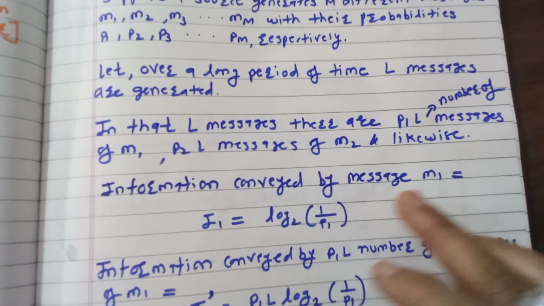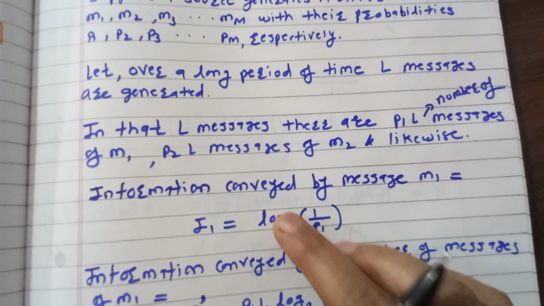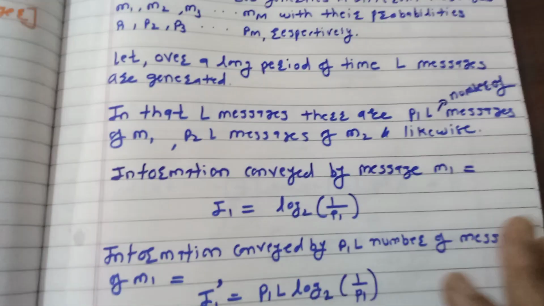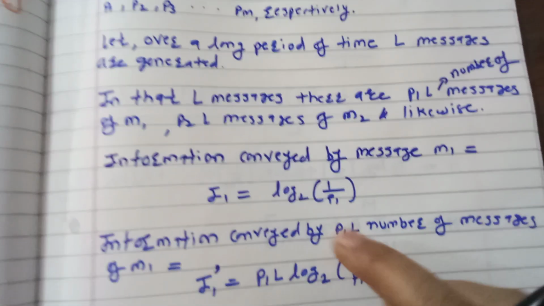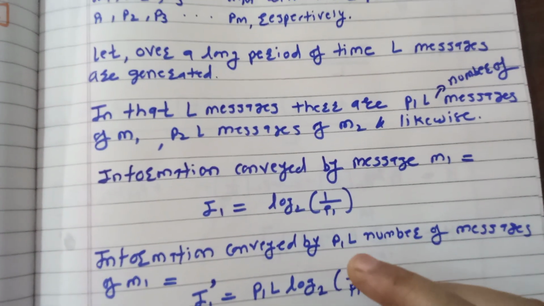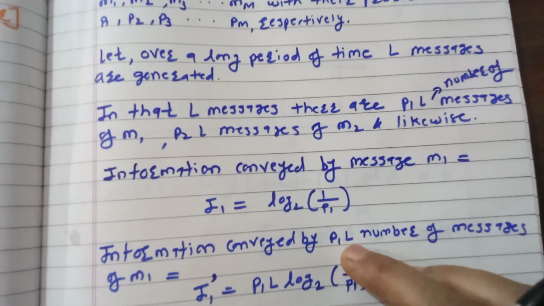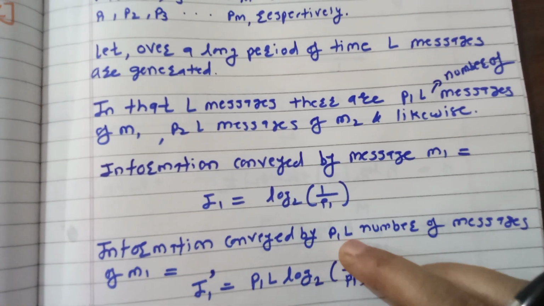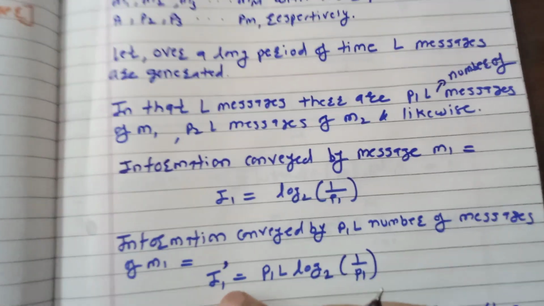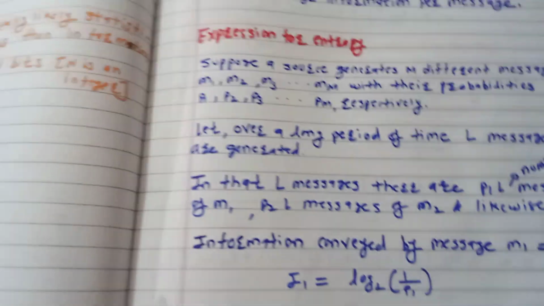Now information conveyed by M1, you know this expression, I1 is equal to log 2 of 1 by P1. In those L messages, M1 occurred P1 L times. So information carried by P1 L messages of M1 is I1 dash equal to P1 L log 2 of 1 by P1.